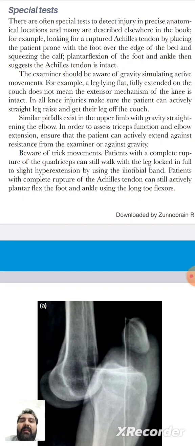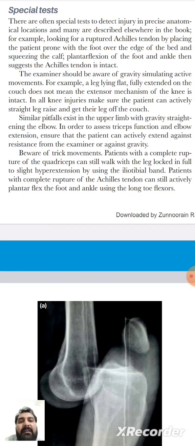For example, a leg lying flat, fully extended on the couch does not mean the extensor mechanism of the knee is intact. If the patient is lying flat, the limb will get extended with the gravity. This does not mean the extensor mechanism is working. What is the extensor mechanism?